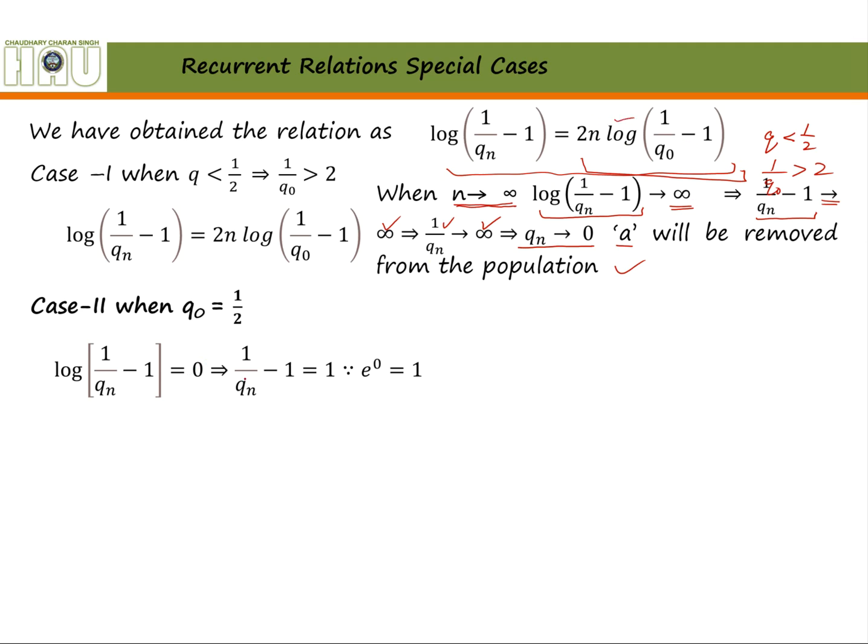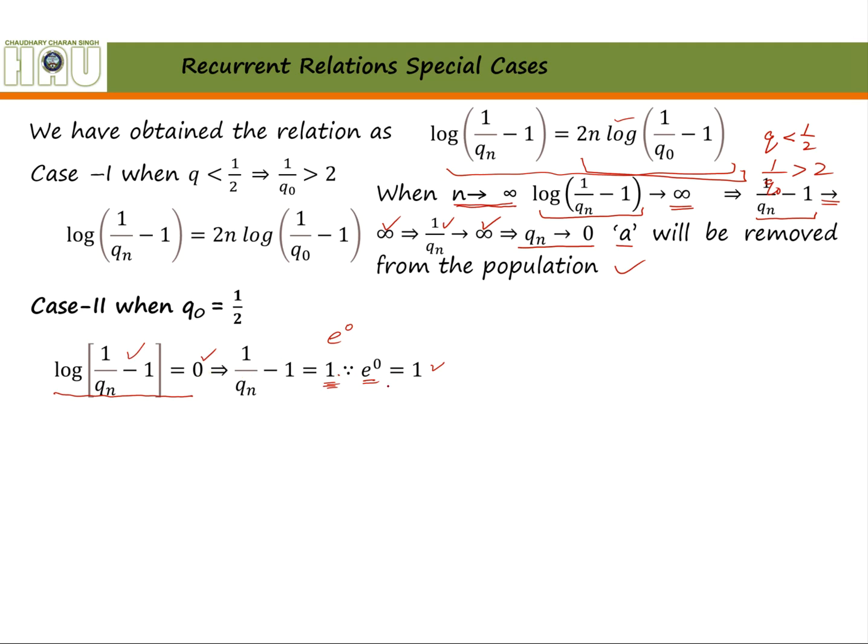This part becomes 0, and 1/qn − 1 will be equal to 1, because e raised to power 0 is equal to 1. So if you take e raised to power 0 from this relation, you can find out the value of this term by taking e raised to power this side.